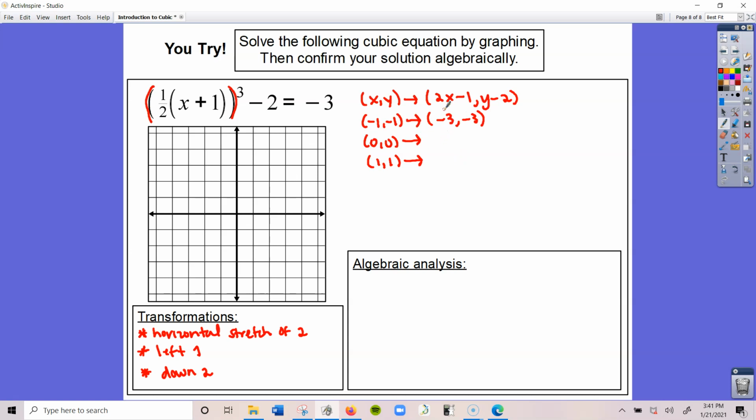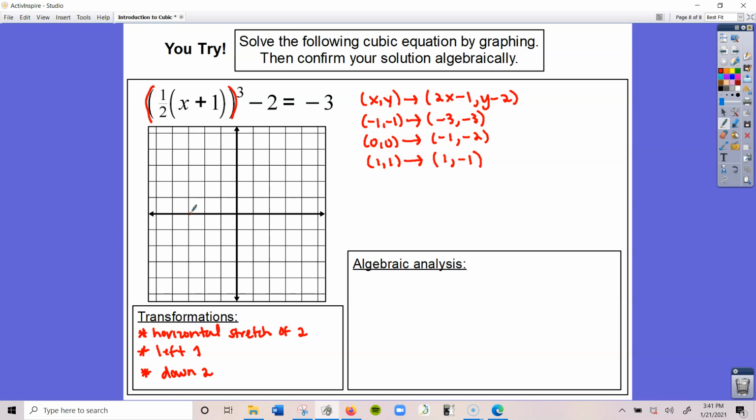When we plug in (0, 0), 2 times 0 is 0, minus 1, −1, and 0 minus 2, −2. Lastly, when I plug in (1, 1), 2 times 1 is 2, minus 1, 1, and 1 minus 2 is −1. Let's go ahead and plot these points.